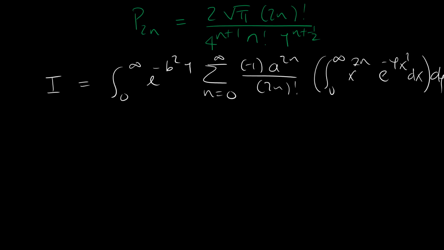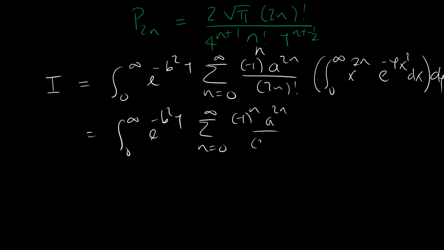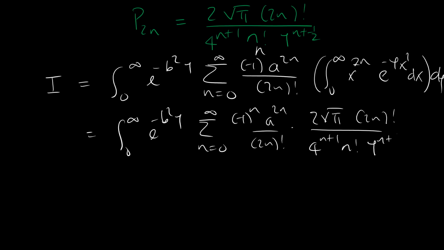So this is the same as integral 0 to infinity e to the power b squared y, summation from n equals 0 to infinity of negative 1, there's an n here, to the power n, a to the n over 2n factorial, and then now we can plug in Pn, which is 2n factorial over 4 to the power n plus 1 n factorial y to the power n plus a half dy.